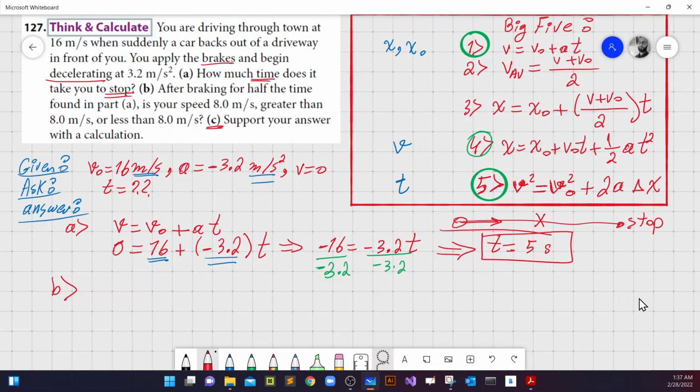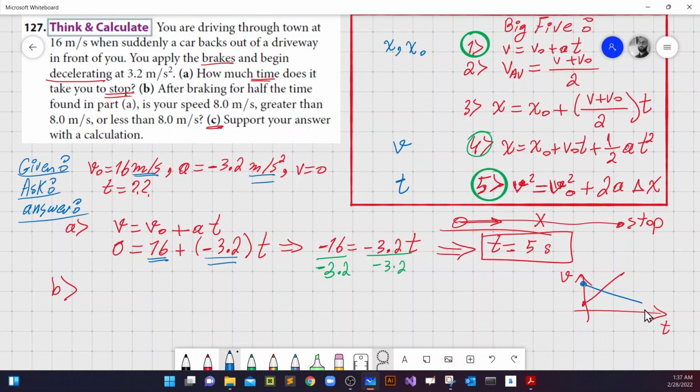We know that the velocity in a velocity-time graph for a constant acceleration is linear. If it's increasing, it goes up. If it's decreasing, as in this situation of decelerated motion, it goes down.